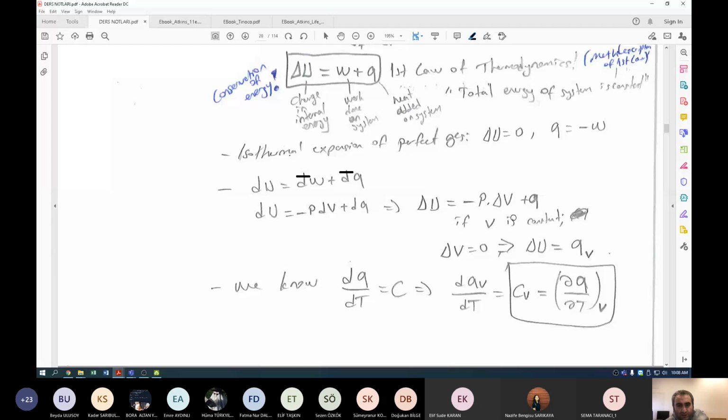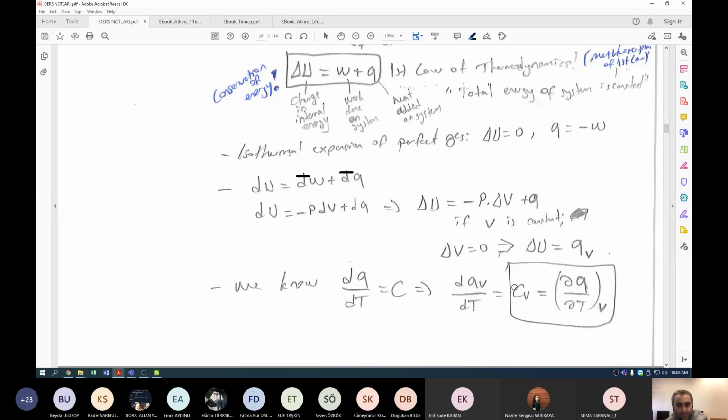Over here, if V is constant, delta V becomes 0 and delta U becomes QV, and we know that dQ over dT is the C. Now dQ was at constant volume, and this constant volume heat relates to the internal energy.